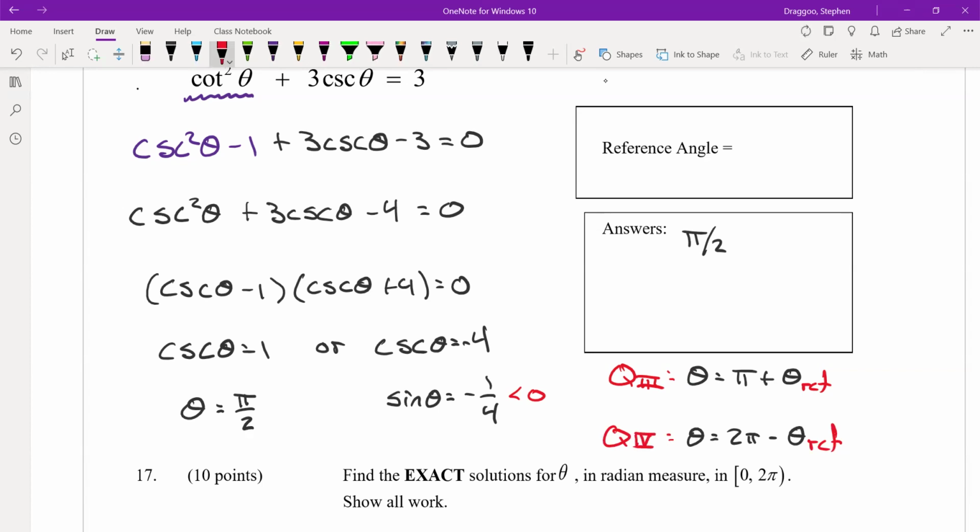So that reference angle, theta ref, is the sine inverse of positive 1/4. And I got 0.2527.